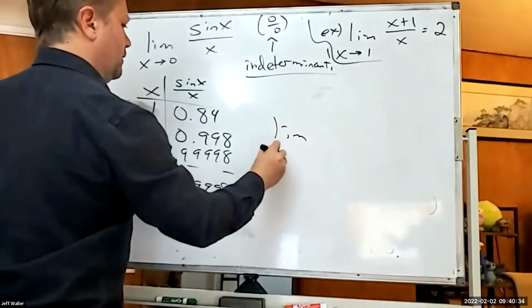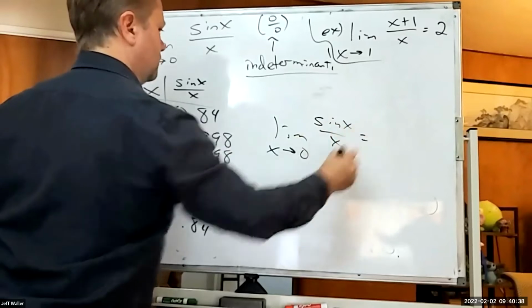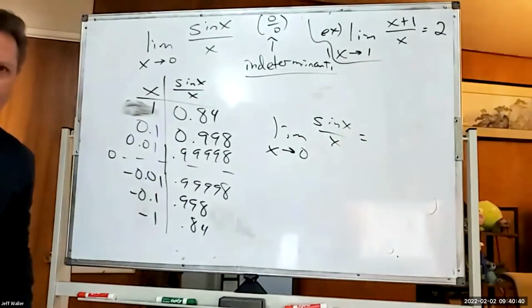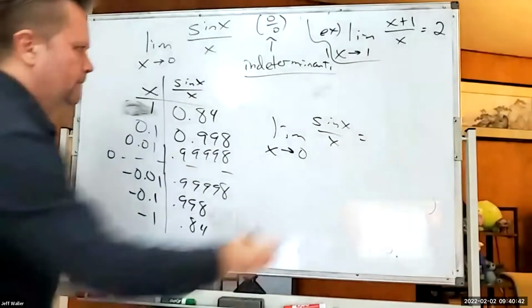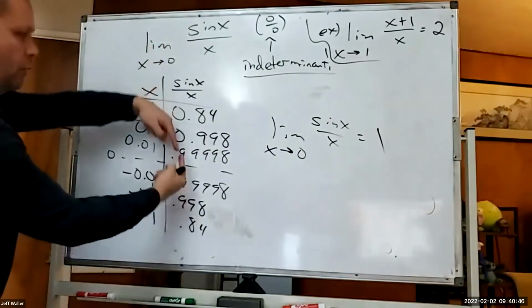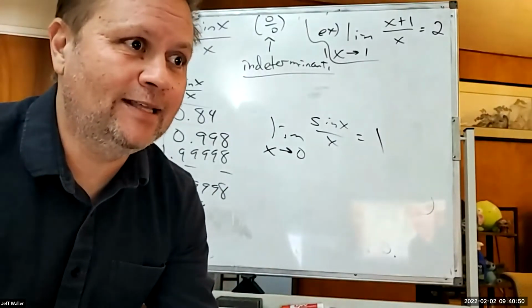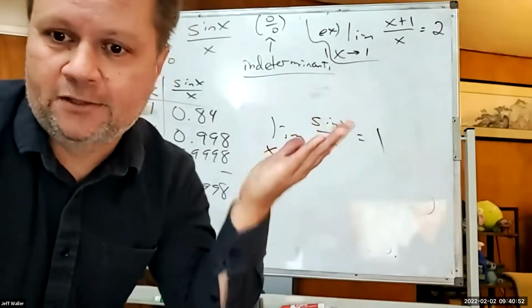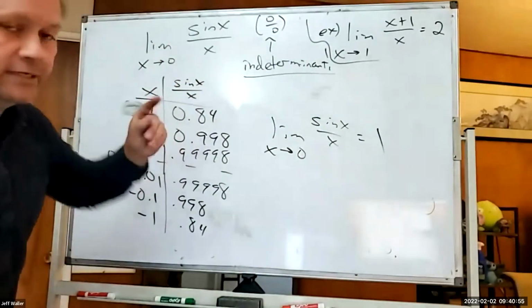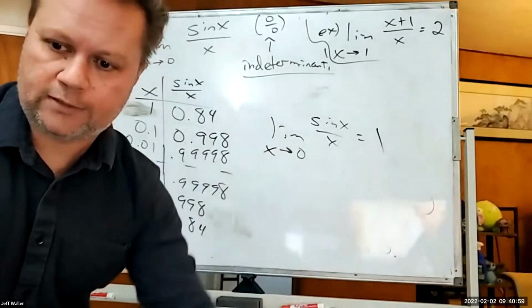What's our guess? This is still just a guess, but it's a pretty good guess. 1. Wow. It looks like it's going to 1. Could the answer be 0.999999999999972? Yes. So this is not good enough to be exactly right, but it's good enough to give a reasonable guess.